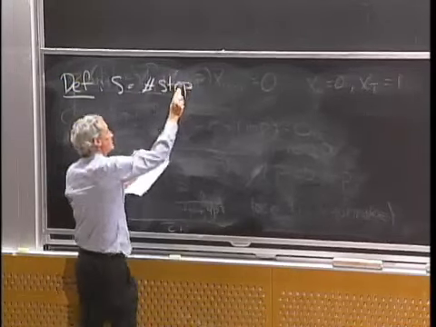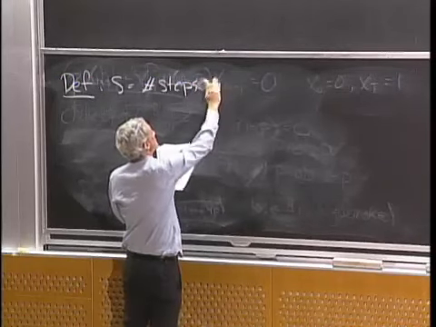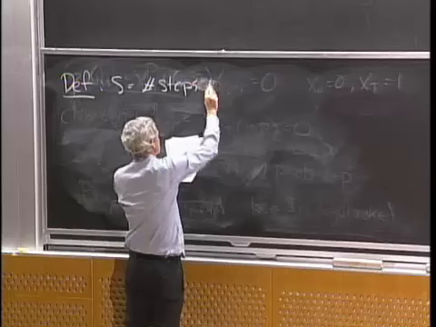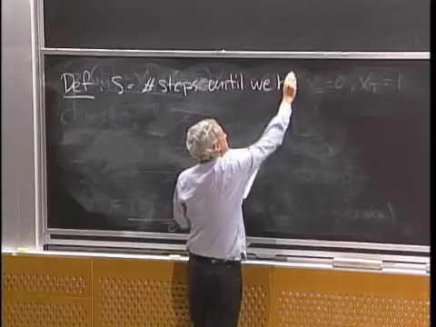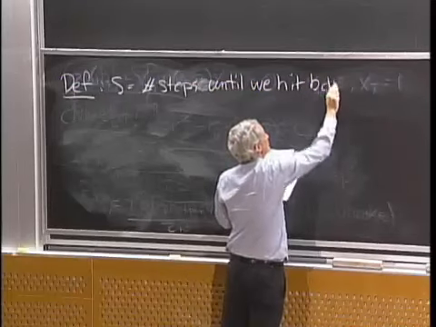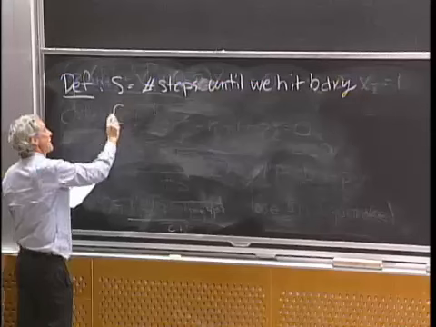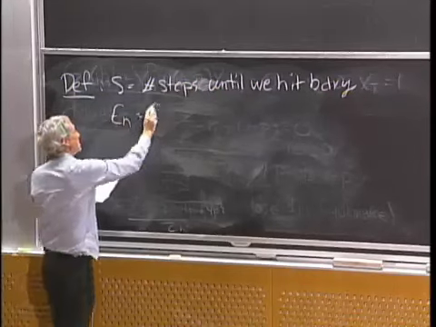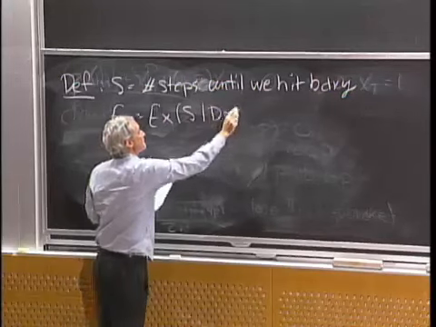How long do we get to play before we go home unhappy? So S will be the number of steps until we hit a boundary. And I want to know the expected number, I'll call it E sub n, which is the expected value of S given that I start with n dollars.